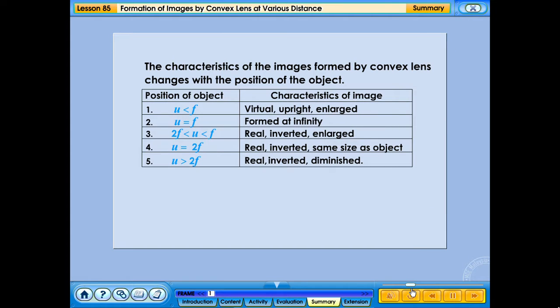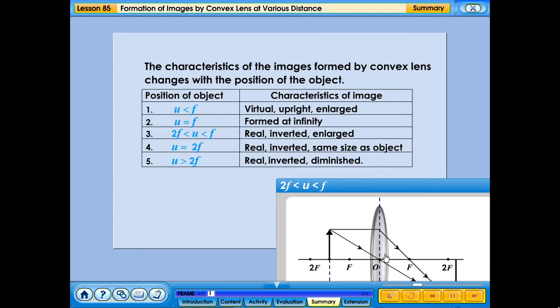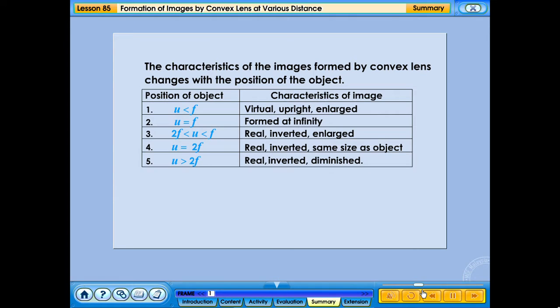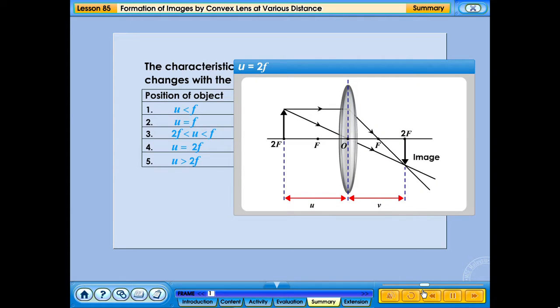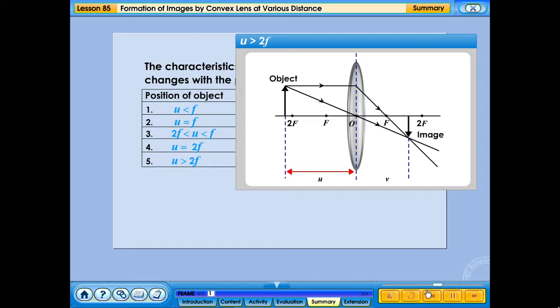If 2F is less than U and U is less than F, the image formed is real, inverted, enlarged. 4. If U is equal to 2F, the image formed is real, inverted, same size as object. 5. If U is more than 2F, the image formed is real, inverted, diminished.